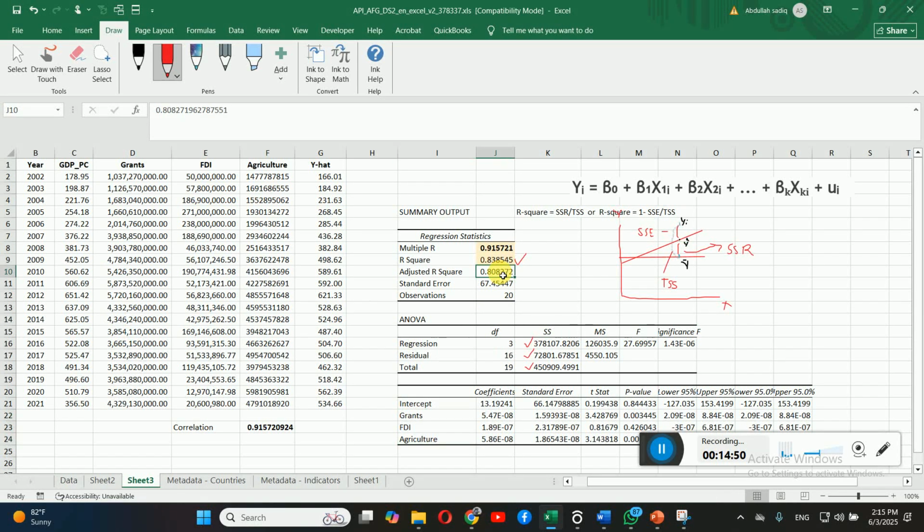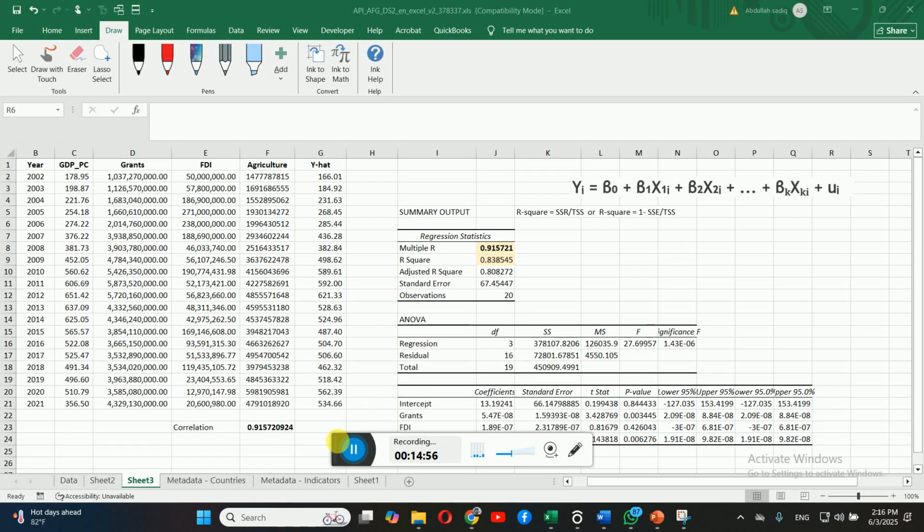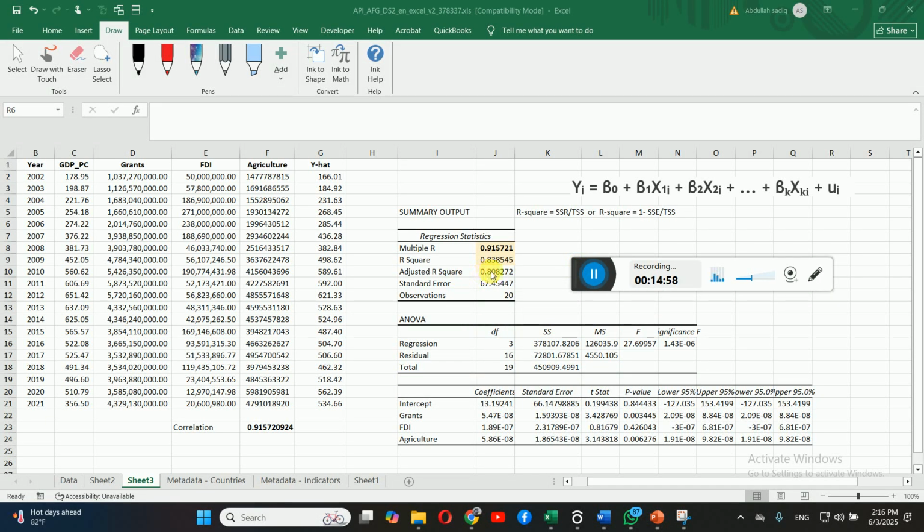Okay, next we have the concept of adjusted R square, students. Dear students, adjusted R square simply shows how well your model explains the data after adjusting for the number of variables. If you incorporate new variables into your model, the adjusted R square gives you another R square that is adjusted for the number of variables.